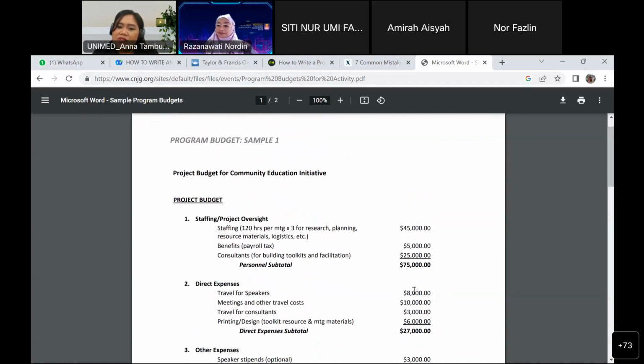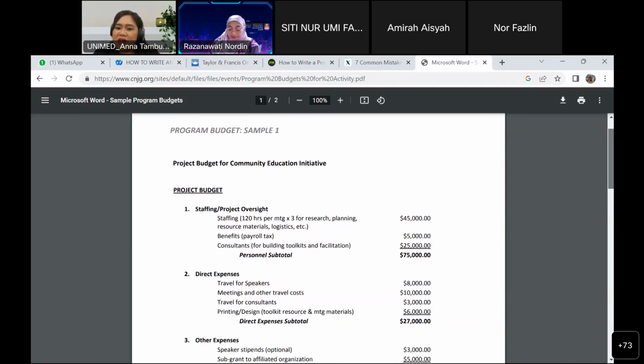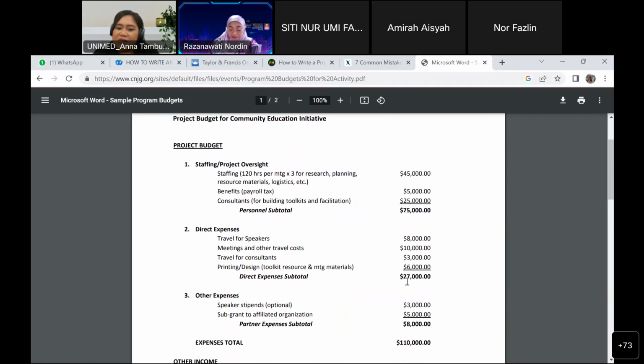So you have to make percentages. So this could be the highest one, a higher percentage than the partner expenses, and then direct expenses, personnel expenses. So you should first make the percentages.